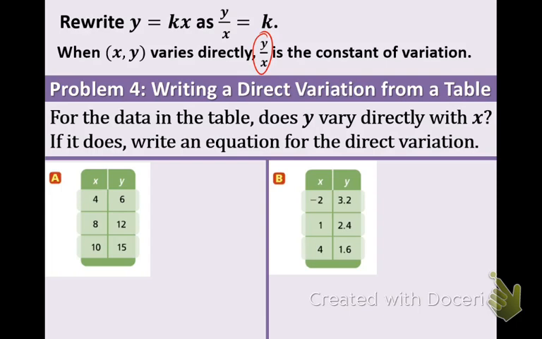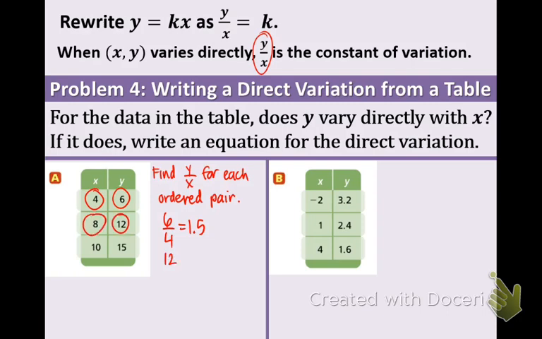So what we want to do is take the y value and put it over the x value. So find y over x for each ordered pair. 6 over 4 reduces to 1.5. 12 over 8 reduces to 1.5.